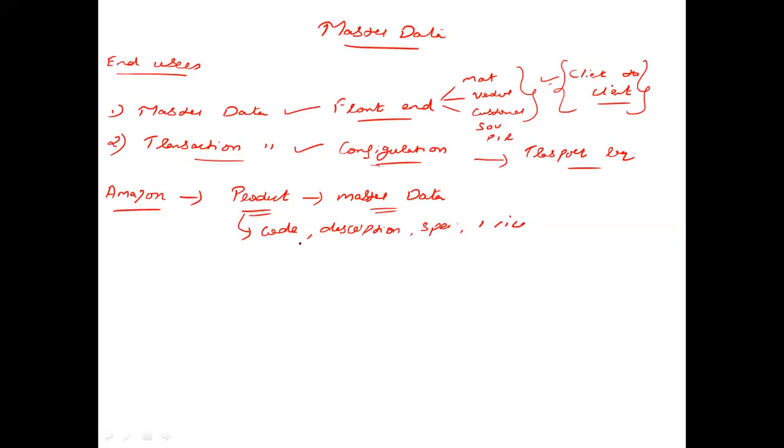All these are master data. Whatever you see in the front end is master data. Taking an example of transaction data, suppose you purchase this product and find it damaged or faulty. So you want to return this product to Amazon. You raise a complaint and return the product. That return process you cannot see on the Amazon website. It is done in the background.